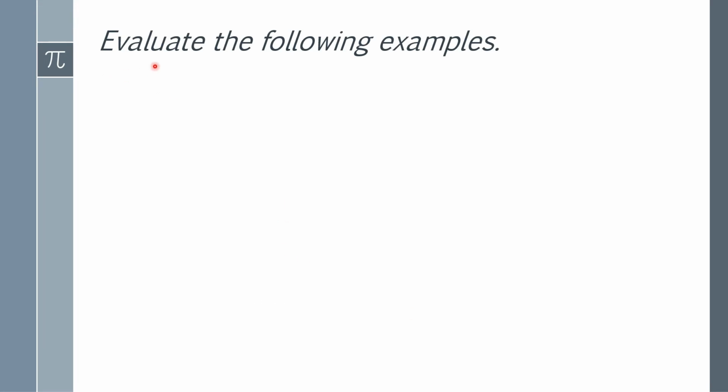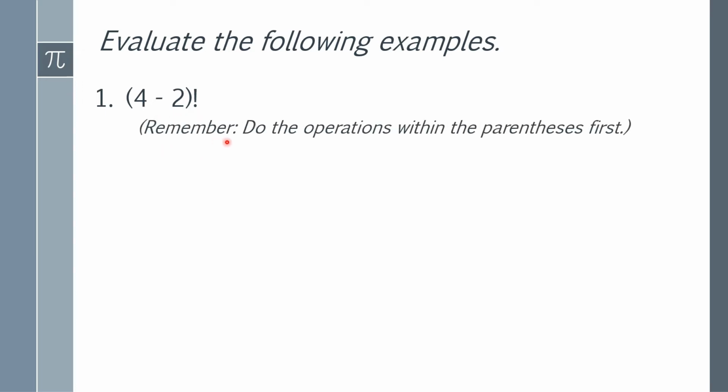Now let us evaluate the following examples. Let's start with number 1. The quantity of 4 minus 2 factorial. Now always remember, if we have this kind of example, we need to do first the operations inside the parentheses.